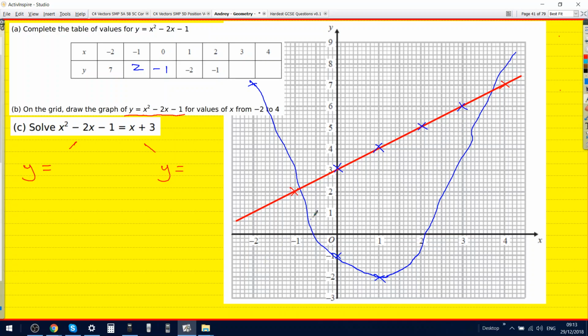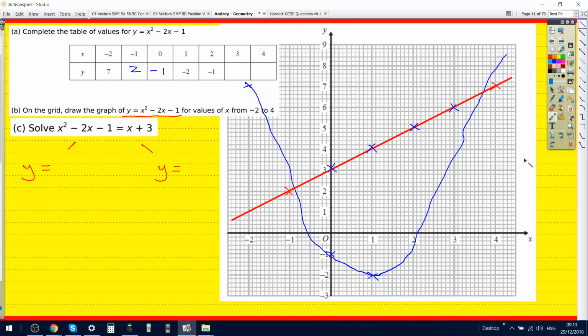Okay, what are the solutions? Is one of the x's minus 0.9? I was looking at the other one, sorry.